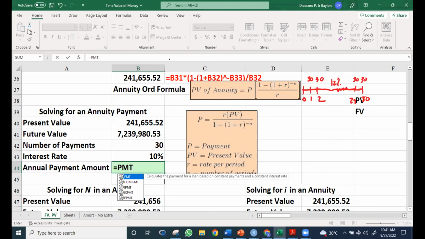Kindly chat, please, the answer that you got. But I expect you to get 30,000 because we already computed for that. One more minute, guys, and then let's discuss.